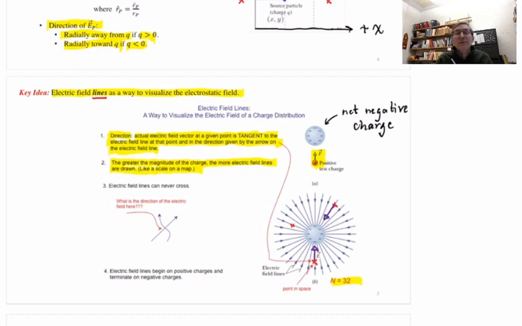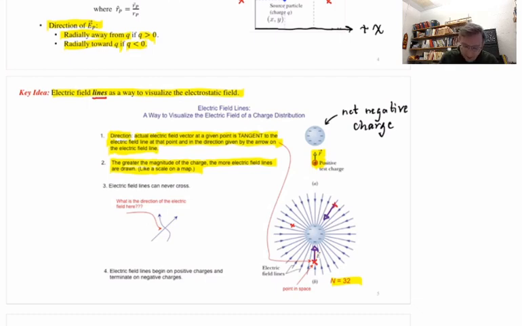Once you have a scale, one thing to note is the closer the field lines are together, generally speaking, the stronger the field. So you see as the lines get closer to the sphere, they get more bunched up. That's telling you the field is getting stronger.